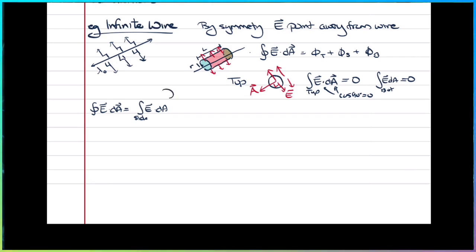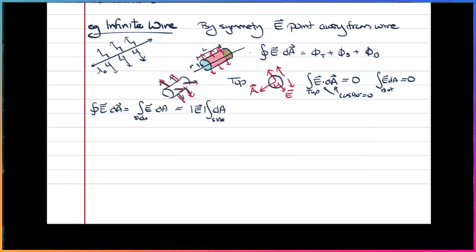Now for the side, I can redraw. The area elements, the little dAs, again are all nice and parallel to the electric field, because they also are pointing kind of away from the center of the cylinder. So we once again got this situation where this is going to equal the electric field, and just the integral of dA over the side.